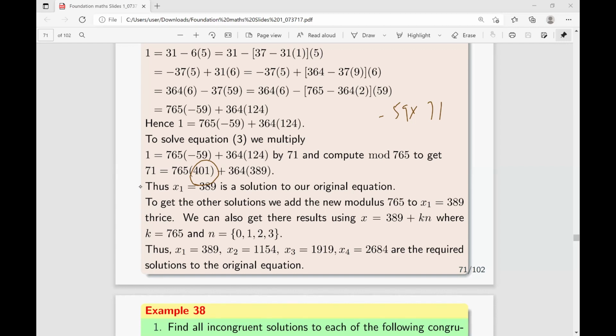Now, there were 4 solutions. Is that okay? 4 solutions. So they're taken care of. The first solution is when n is 0, then when n is 1, when n is 2, when n is 3, you get the 4 solutions. So all the 4 solutions are there.